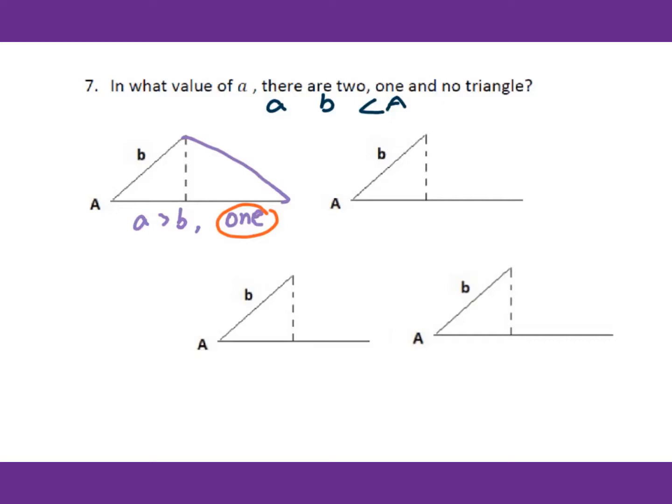If A equals B sine A, that means for A is exactly this height, then we can form only one triangle.